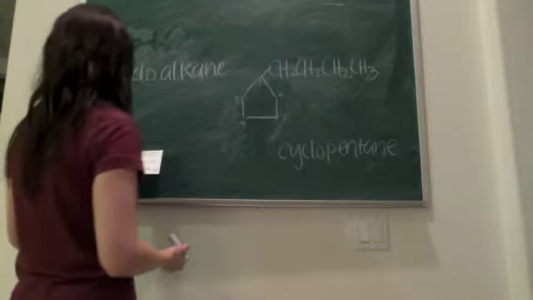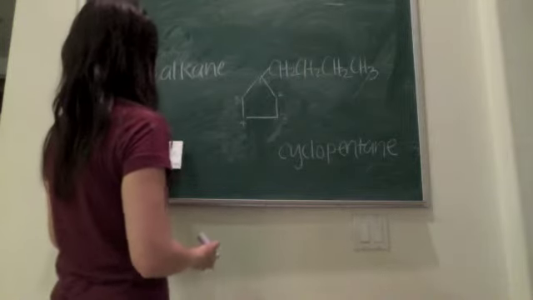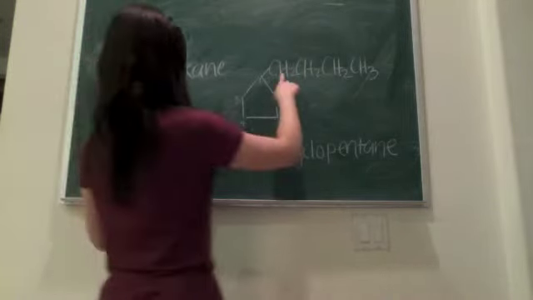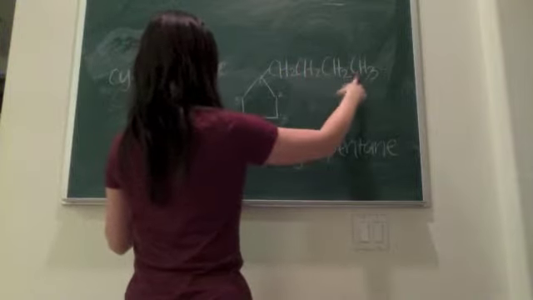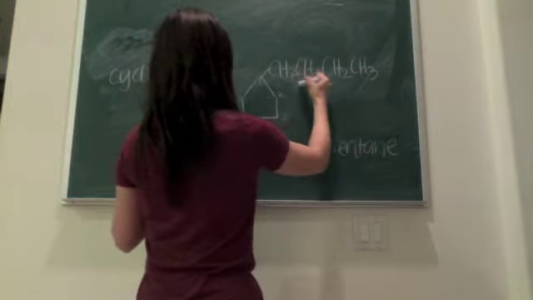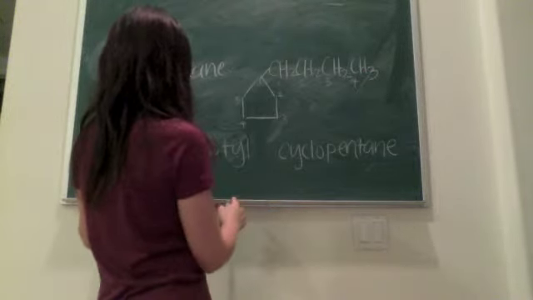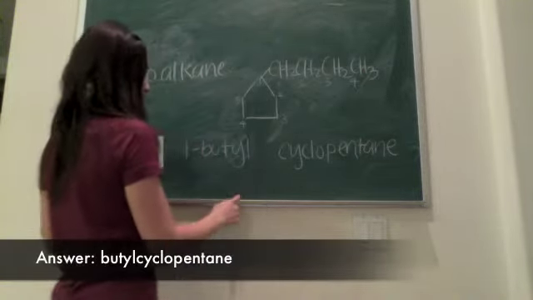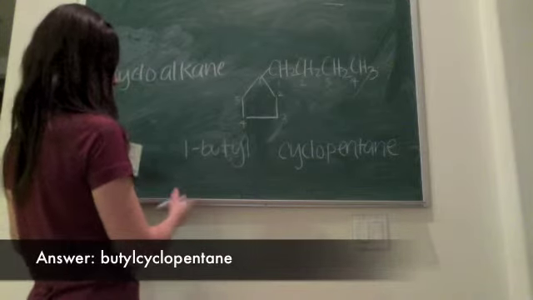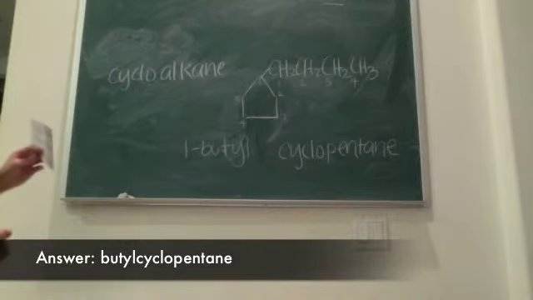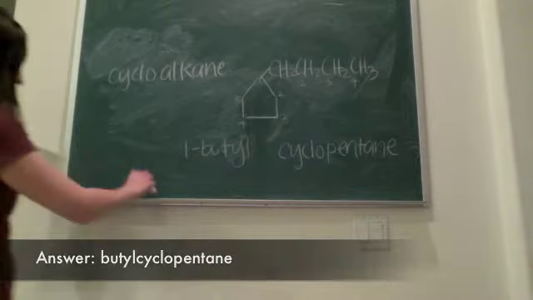Step number 2 is to name the alkyl group substituents. 1, 2, 3, 4. So it would be butyl. Construct the name of the hydrocarbon: butylcyclopentane. That's it. Done.